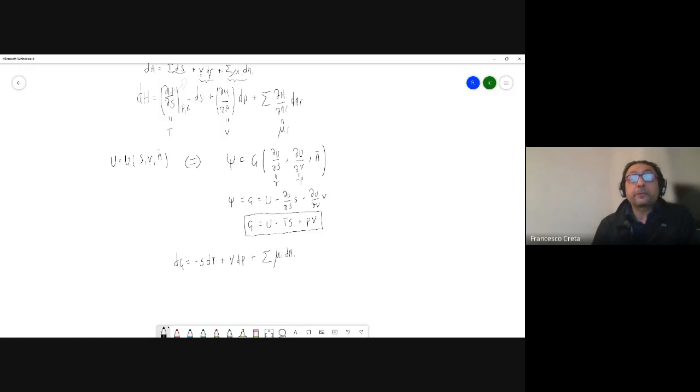So from the differential, you can also establish what dG really is, in the sense that for a system at T equals constant and P equals constant, these two terms are 0. So all we have left is this term here.